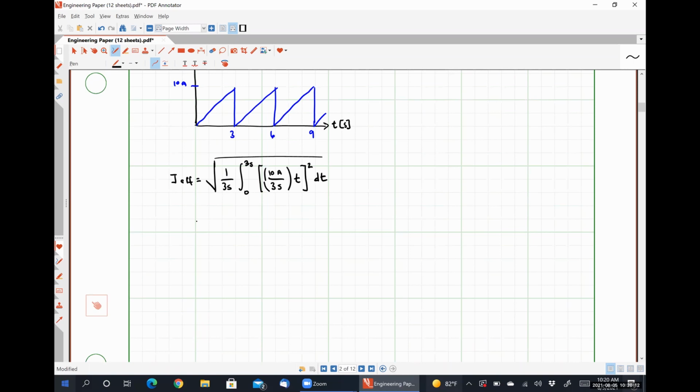And so doing the math here, that's going to look like 1/3 seconds. That 10 amps per 3 seconds quantity squared can come out. It's a constant, right? So that's going to look like 100 amps squared over 9 seconds squared. Then we're going to have the integral from 0 to 3 seconds of t squared dt.